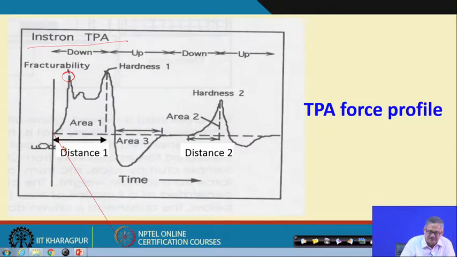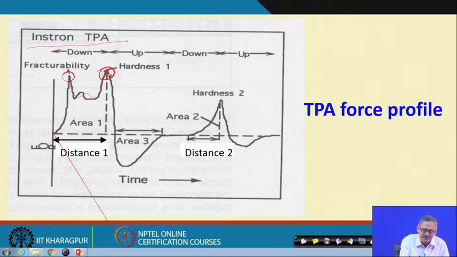and this is called the first bite, or it is written as the fracturability, by which it has become fractured, right. Then it has come to this part, this is again the first bite, or this tells about the hardness of the material, right.